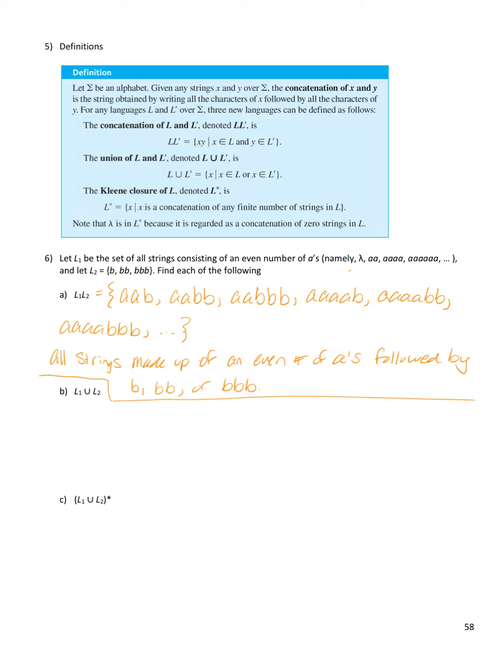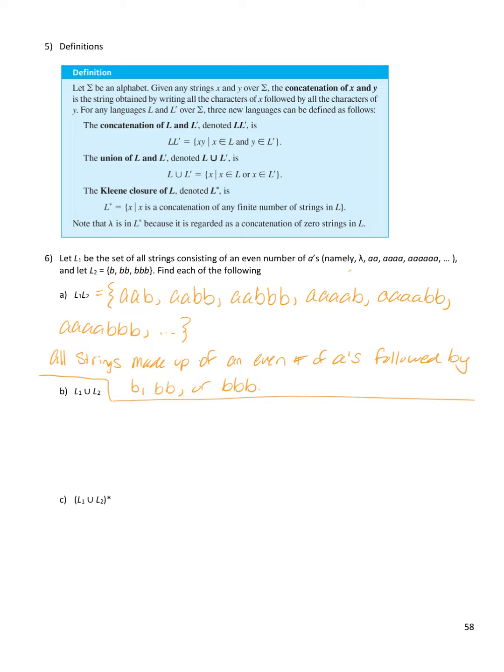Okay, now the union of L1 and L2. So that is, the union is where you take all the strings from L and all the strings from L prime, and we just put them together into one big set. So all the strings from L1 and all the strings that live in L2, and we put them into one big set.